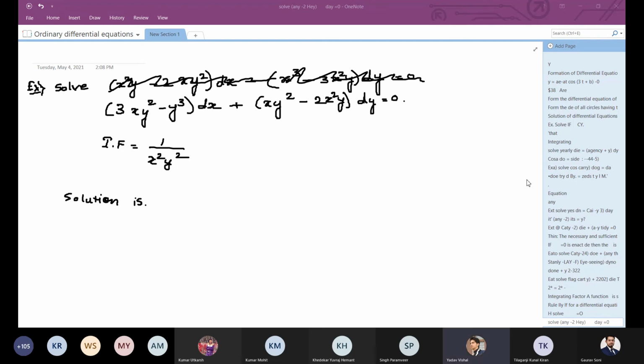Sir, is it 3x plus y by x minus 2 log y? I think you're correct, but it will need some simplification actually.